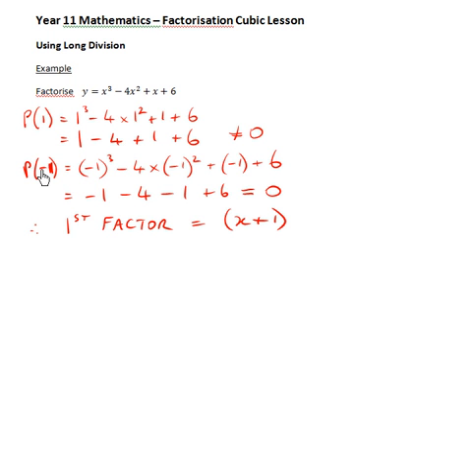Now after that, I've called this the cubic factorisation using the long division method. So obviously what we're going to do next is use long division to divide x plus 1 into x cubed, take 4x squared plus x plus 6.